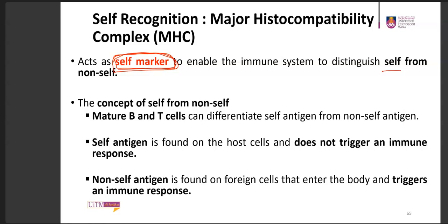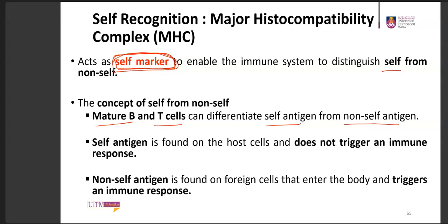Okay. So the concept of self and non-self, so the mature B and T cells can differentiate self-antigen and non-self-antigen. So your immune cell, which is the B cell and the T cell, should be able to know which is self-antigen, which is non-self-antigen.